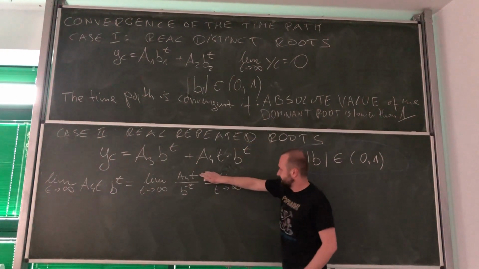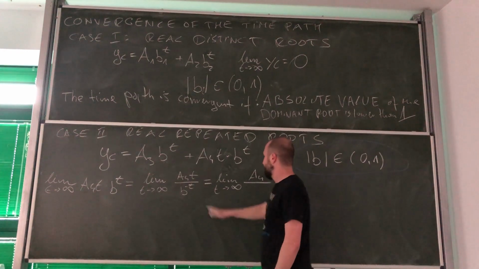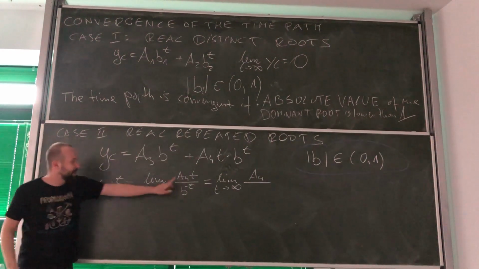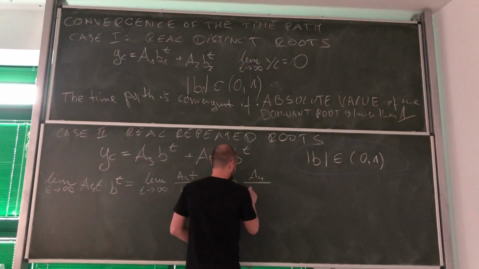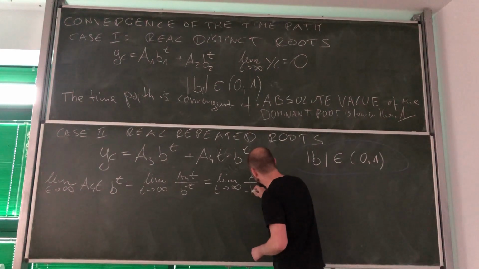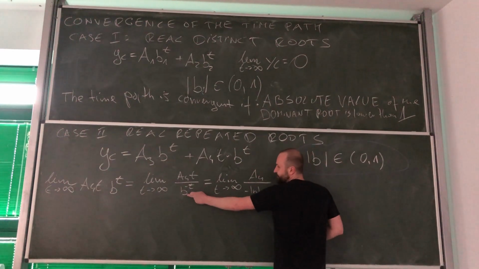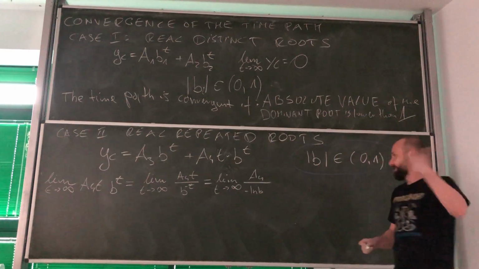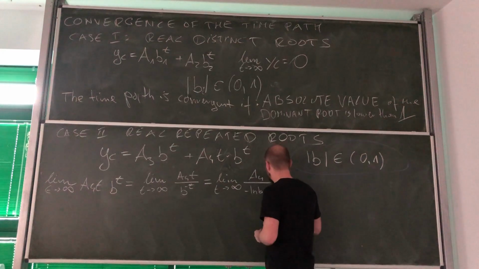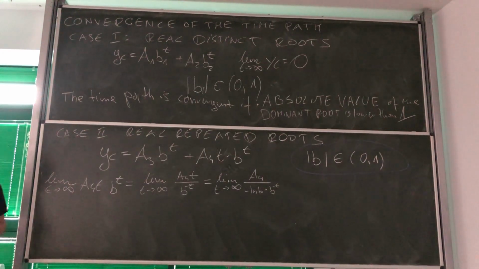So the derivative of this is just a4. This is actually a constant. And over this, well, the minus goes up front, right? So we've got negative ln b, because we need to have ln b when we differentiate an expression where the base b is different than e, times b to the power negative t.